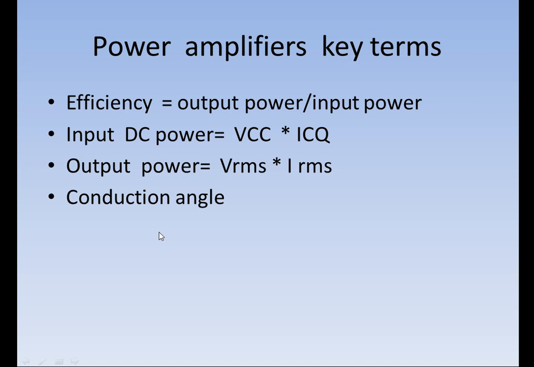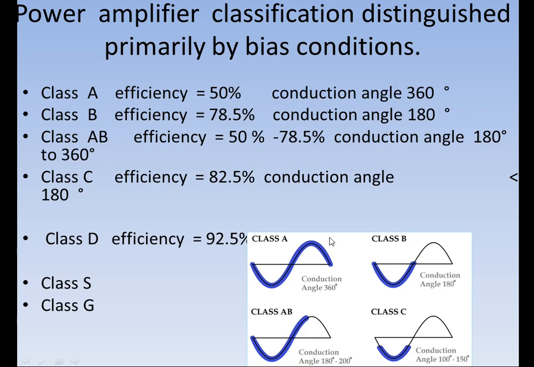Conduction angle means the time for which the transistor is on, whether it is conducting for the full 360 degrees of the signal or only part of the input signal. Depending on this, power amplifiers are classified primarily by the biasing condition, or the conduction angle.